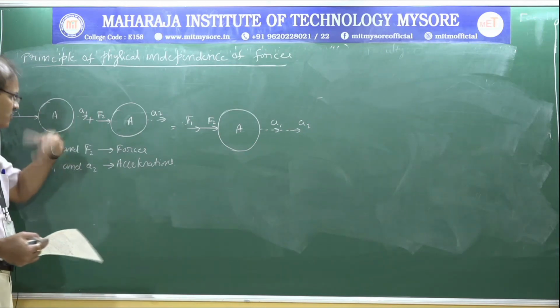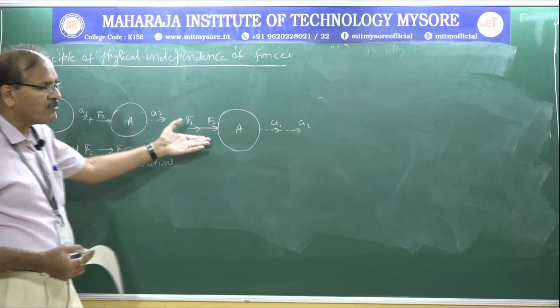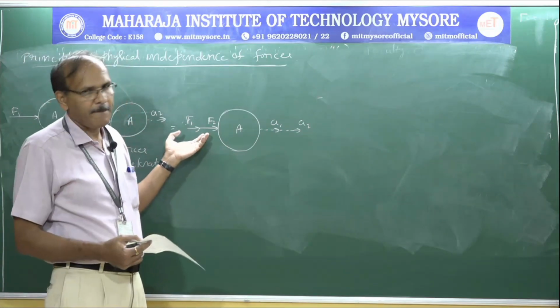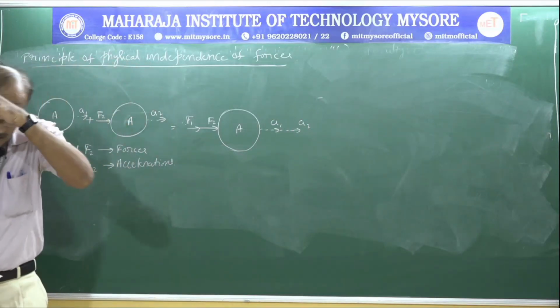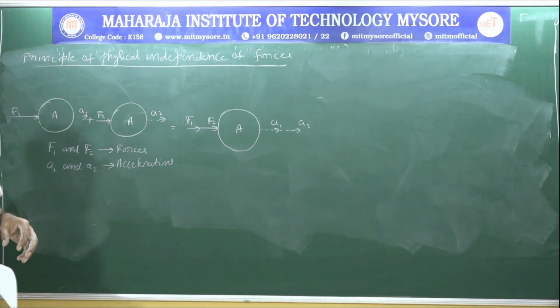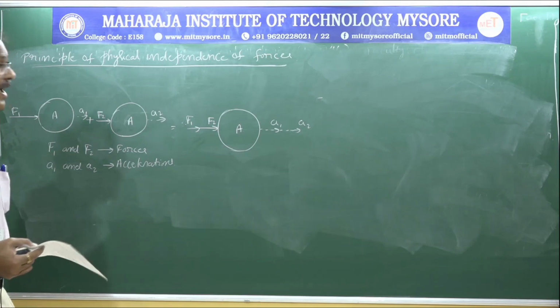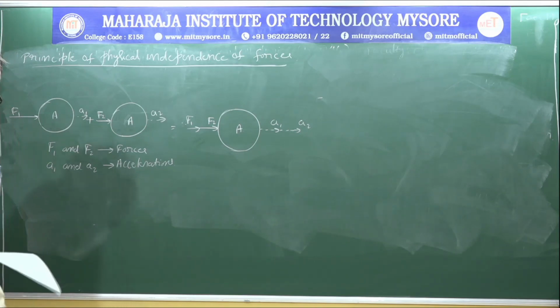And of course, to get the combined effect, we can add those two algebraically, and we get the combined acceleration, which should also be added algebraically. I hope this is clear. So, thank you.